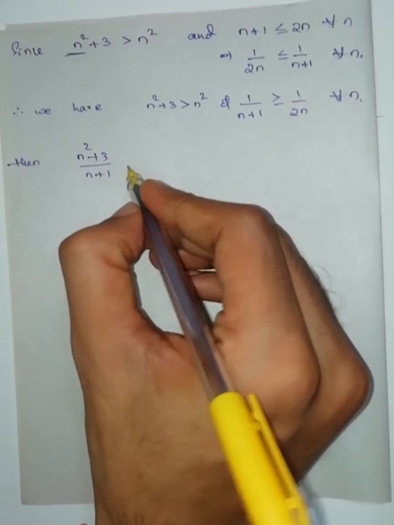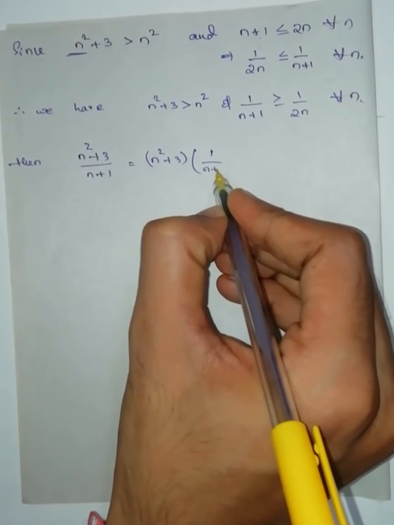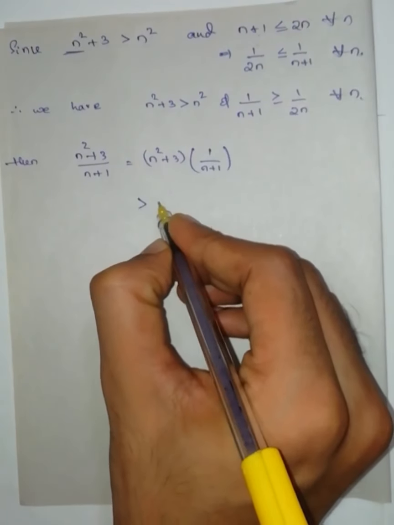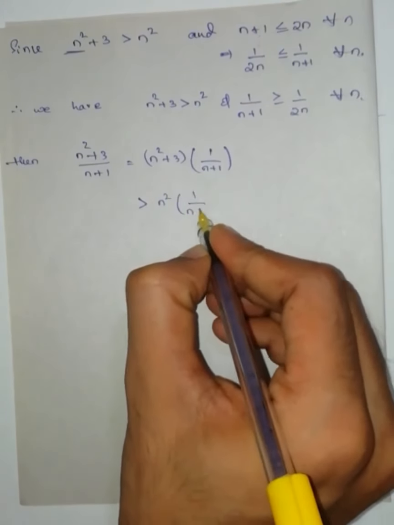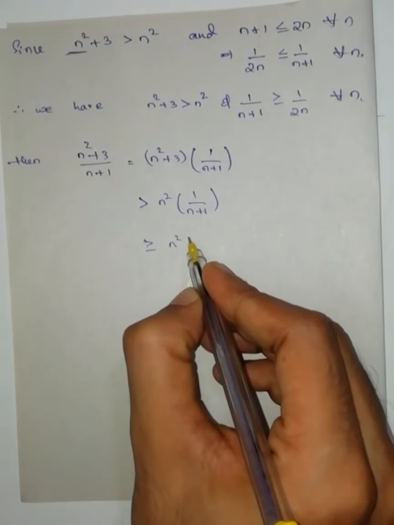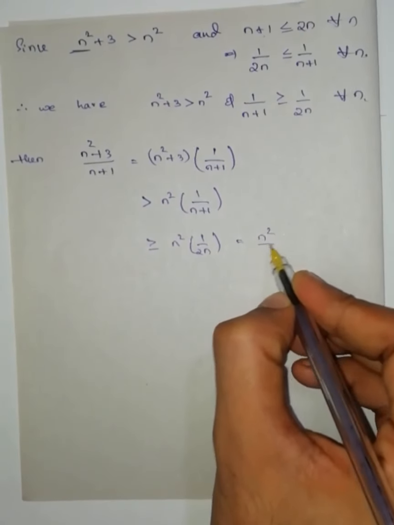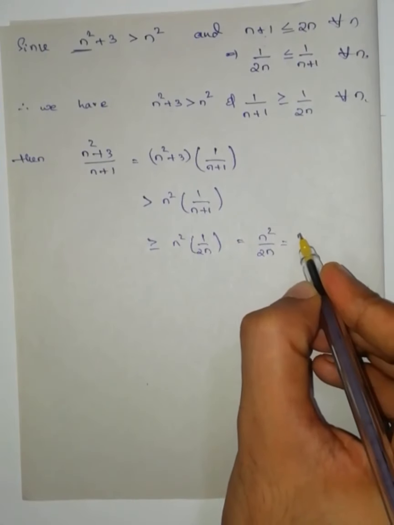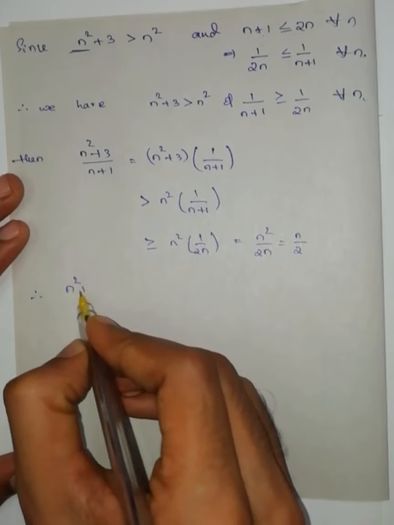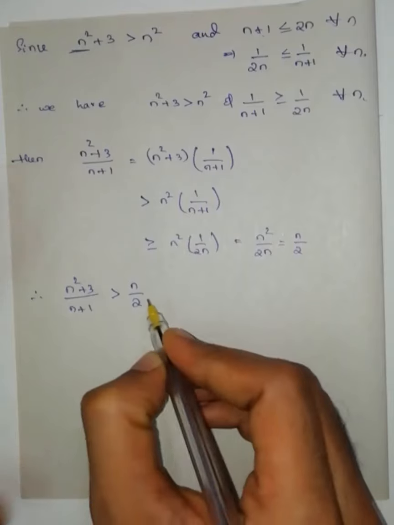This one I can write as (n² + 3) into 1/(n + 1). n² + 3 is greater than n² into 1/(n + 1), which is greater than or equal to n² into 1/(2n), which is equal to n²/(2n), which is nothing but n/2. Therefore, what we got: (n² + 3)/(n + 1) is greater than n/2.